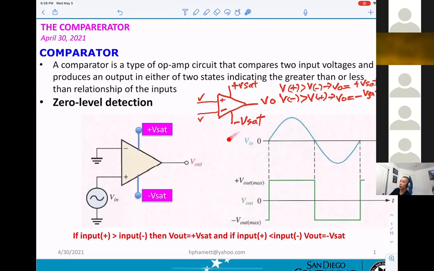That explains how this drawing comes about. Is that the same as the little formulas you drew up top? Normally it's exactly the same thing as on the bottom here. However, in this case they compare to 0 volt, that's why they call it zero level detection, compared to ground.